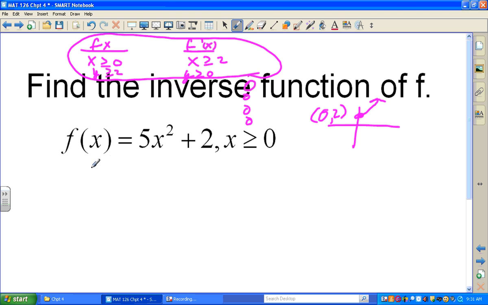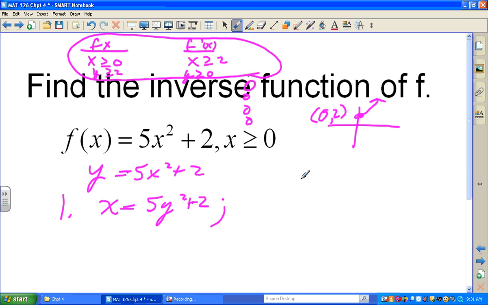So, if y equals 5x squared plus 2, first thing is I switch all the x's and the y's. X equals 5y squared plus 2. Second thing, solve for y. Subtract the 2, divide by 5, raise it to the 1/2, and take the square root.